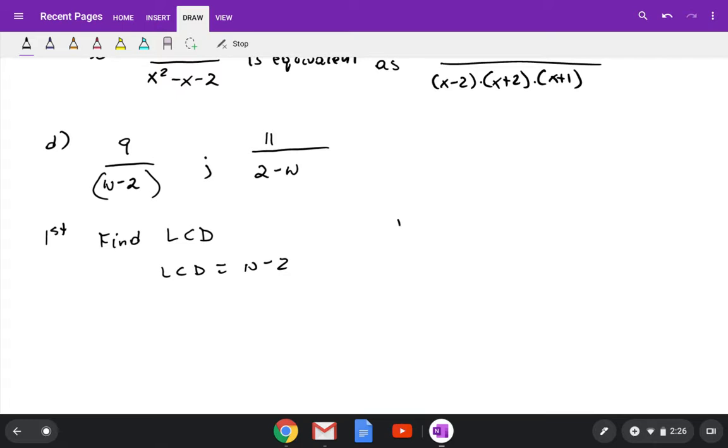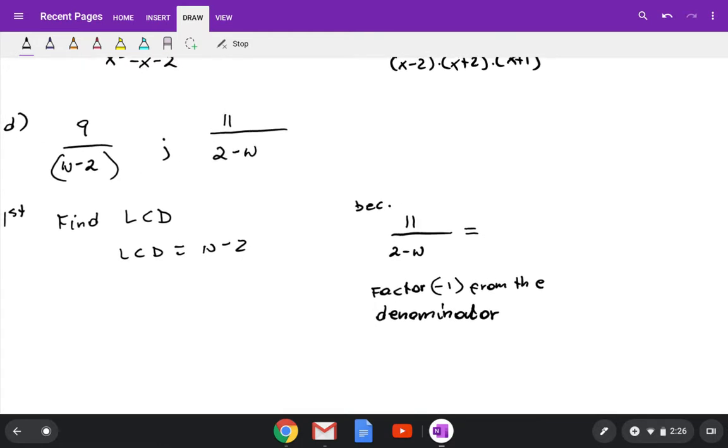Because the second rational expression, 11 over 2 minus w, should be rewritten by factoring negative 1 from the denominator. So here we have to just show that those two rational expressions have the same denominator.